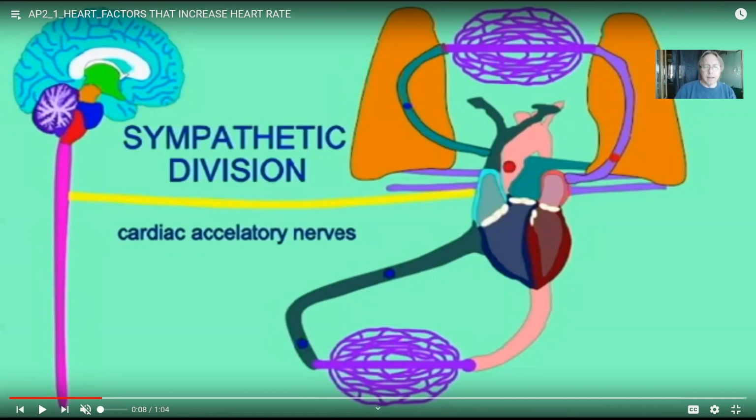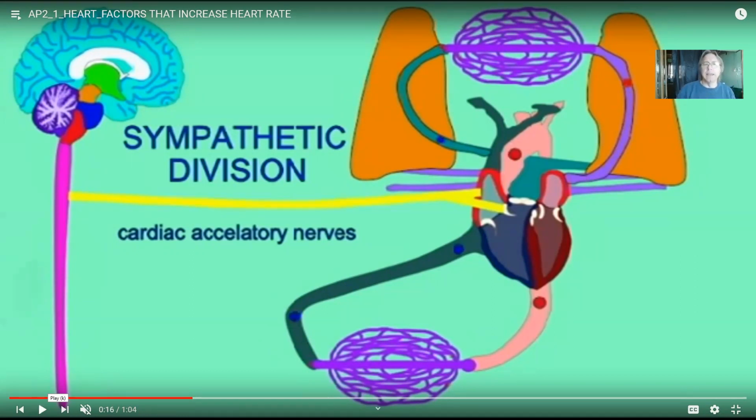And so the heart rate can vary because we have nerves which go to the SA and AV nodes. They are called cardiac acceleratory nerves. While it is the SA and AV nodes which are deciding when a heartbeat should begin, they are autorhythmic. The SA node is the primary pacemaker.